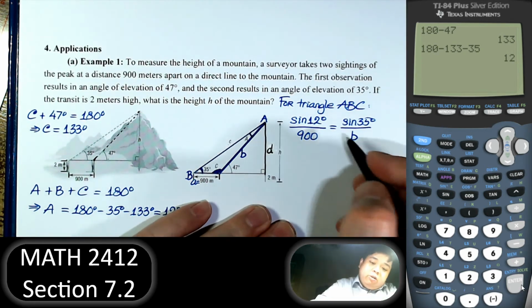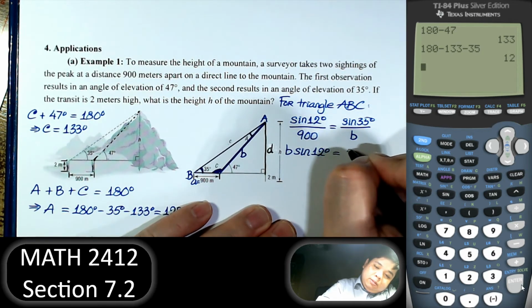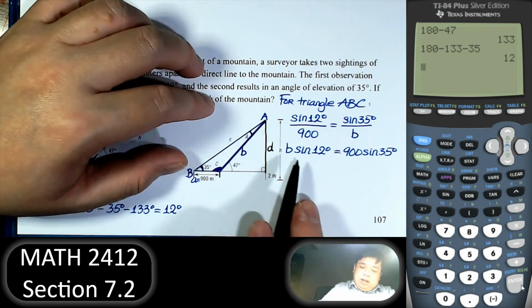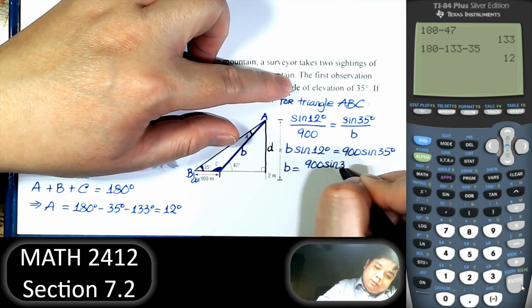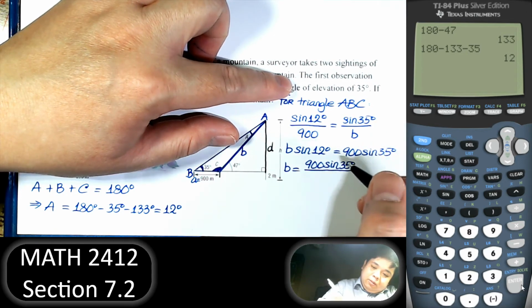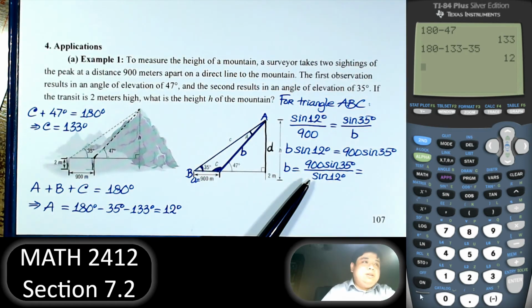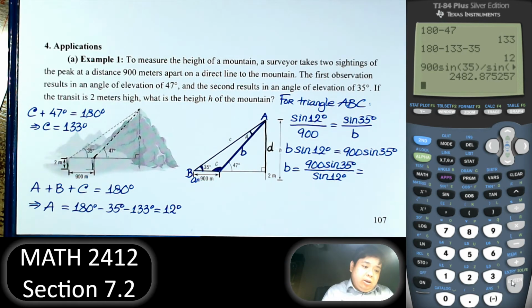Okay, cross multiply and solve for it, and then divide by sine of 12 degrees. That gives us 2,482 meters.